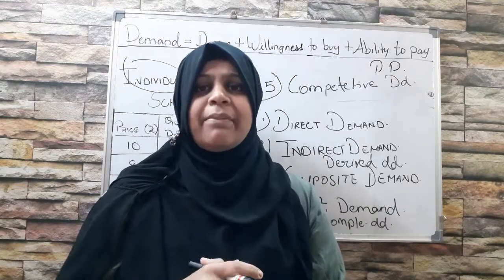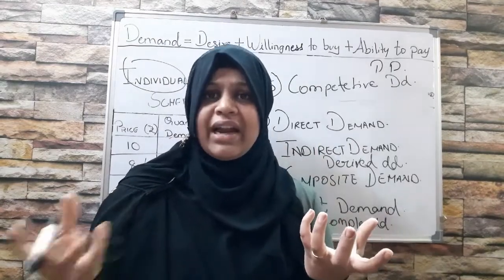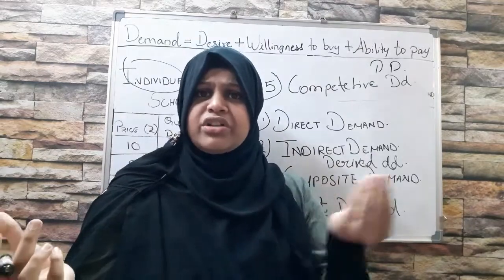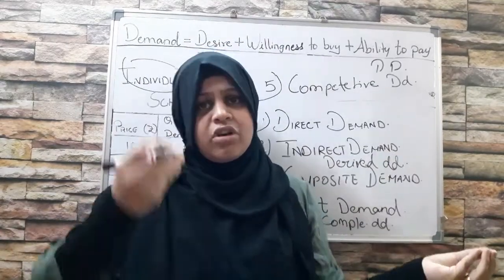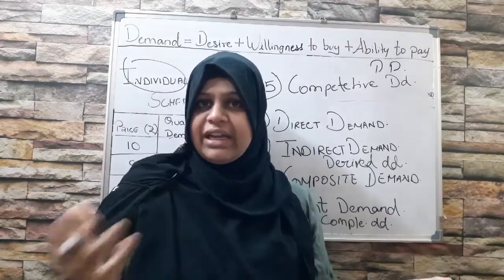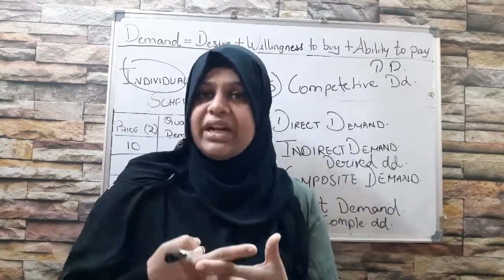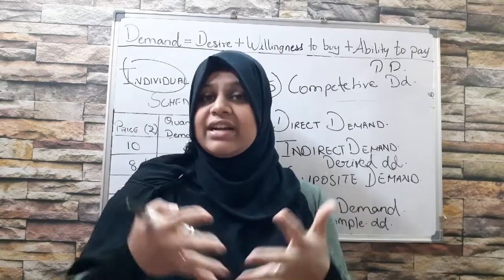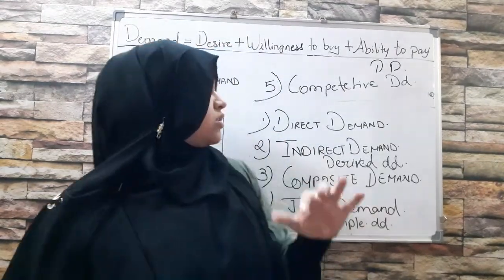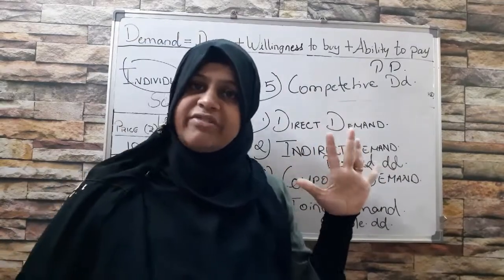One more basic example, sugar and honey, or sugar and jaggery. If you feel sugar is not good for your health, you can anytime switch to jaggery, or to honey. So these products are competing with each other, and it's up to you to decide what you want. That is known as competitive demand.